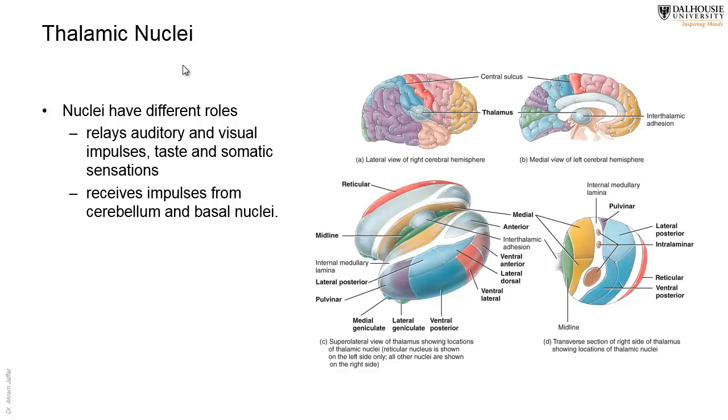All sensations, before they reach the cerebral cortex to be recognized, have to pass through the thalamus, except olfaction. All the other sensations, vision, hearing, touch, have to pass through the thalamus, and then from the thalamus they are connected to the cerebral cortex.